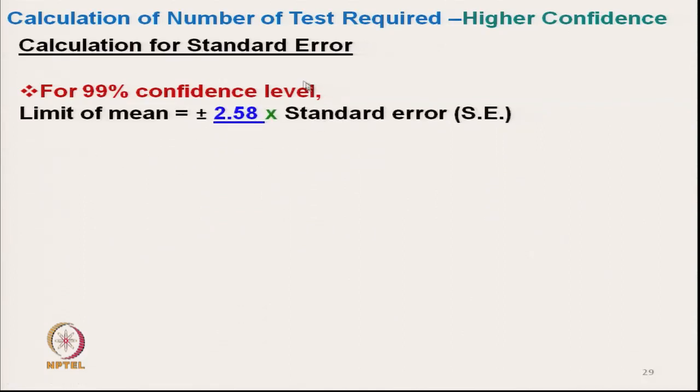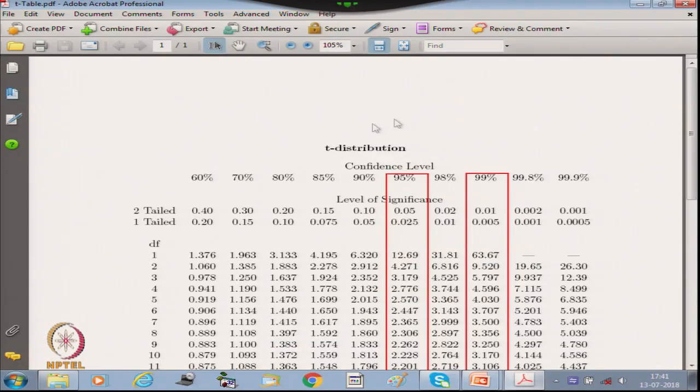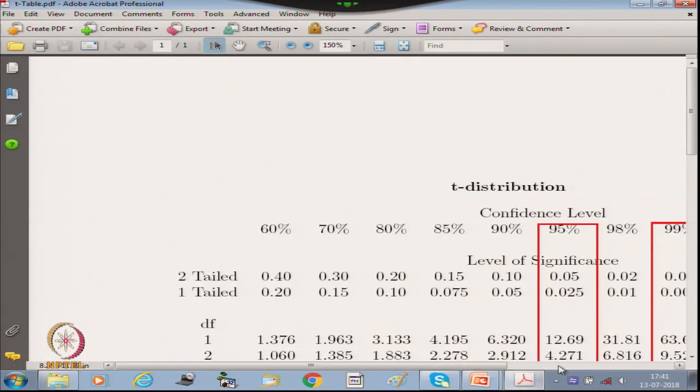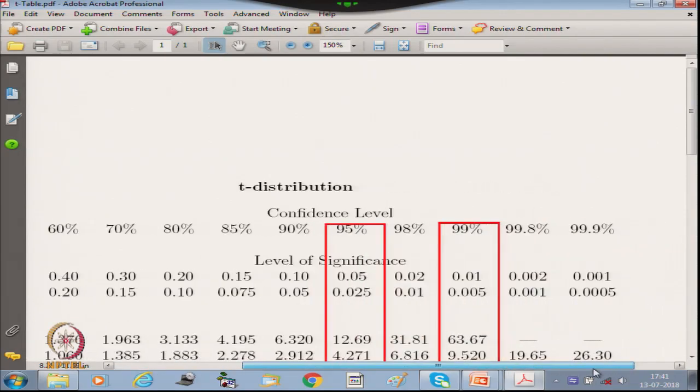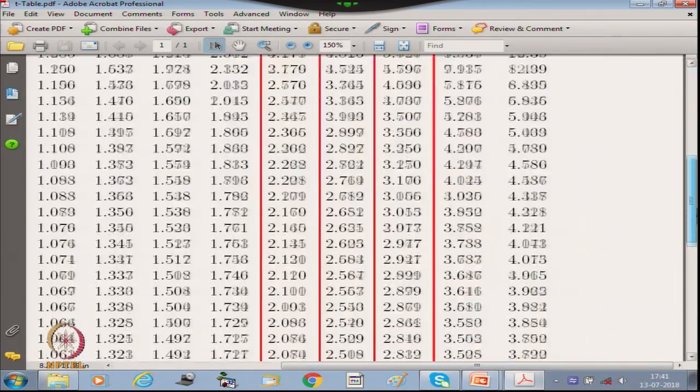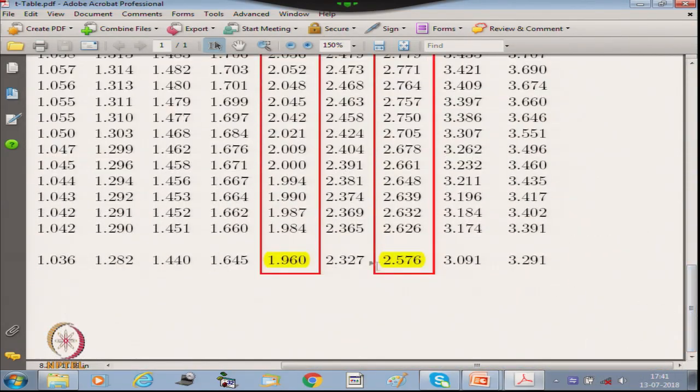Here the t value has changed. Earlier it was 1.96, and at 99% confidence level with a large number of data, it has become 2.576. We can consider it approximately 2.58.